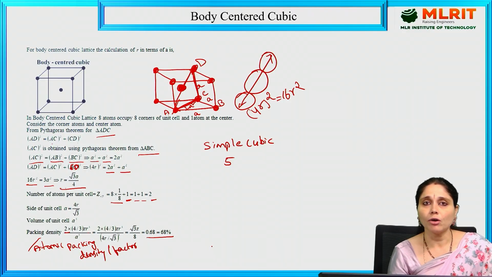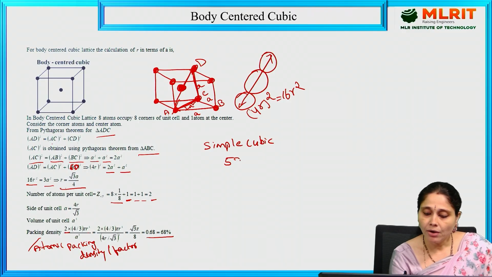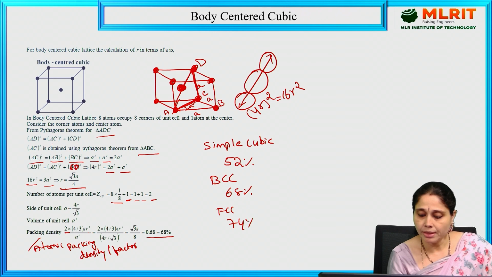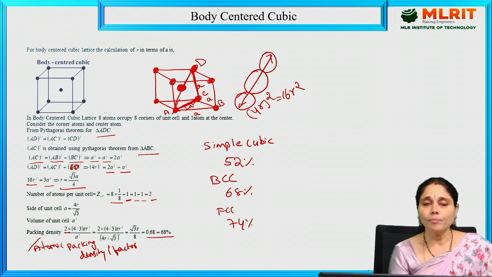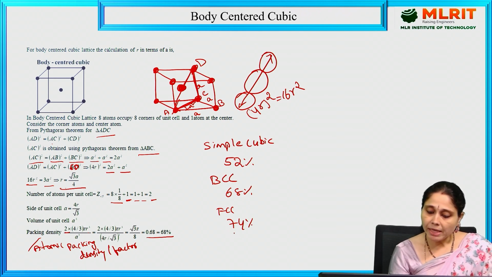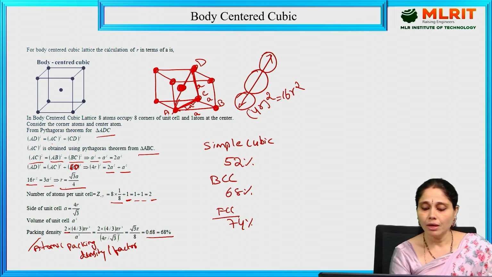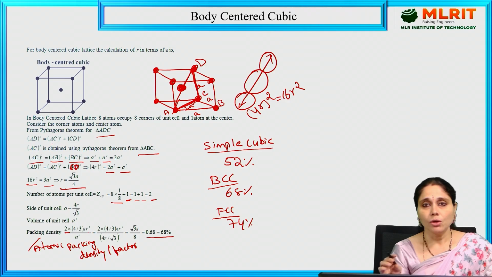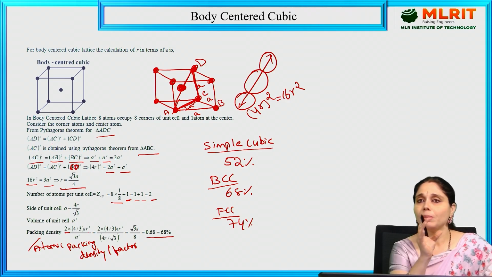Simple cubic 52%, BCC 68% and FCC 74%. Okay, so mostly the space occupied by atoms will be with face centered cubic structure. The BCC has 68% and simple cubic has 52%. This is about the occupation of atoms per unit cell, or occupation of atoms in a cubic structure.